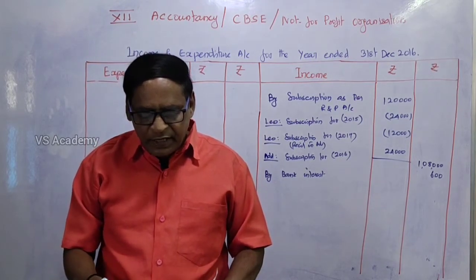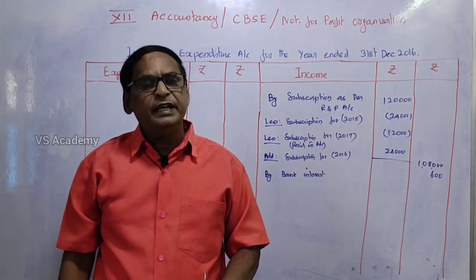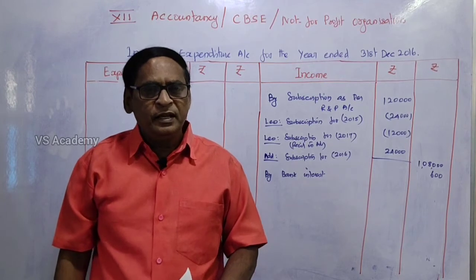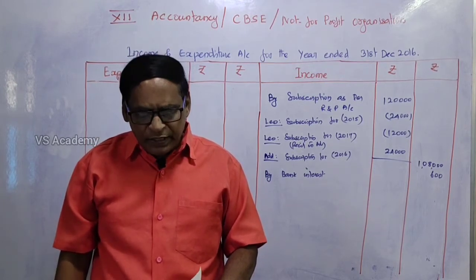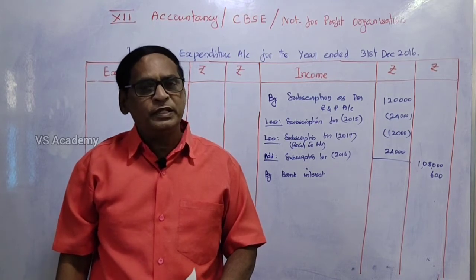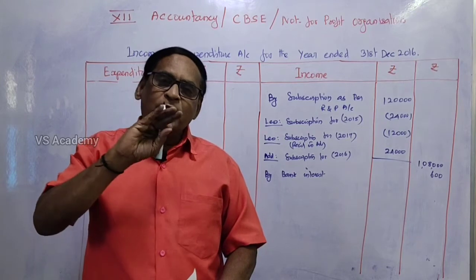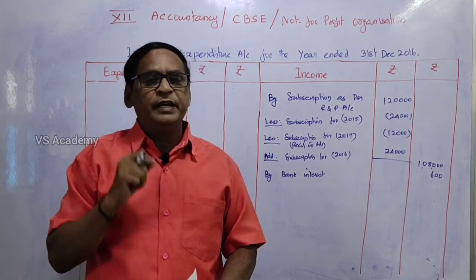It has been purchased on 1st July 2016 at 5% interest per annum. That means we have to receive interest on investment which has been purchased in July, so for the remaining period we have to calculate interest.